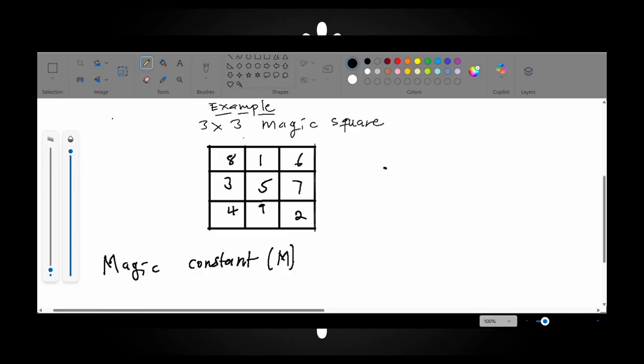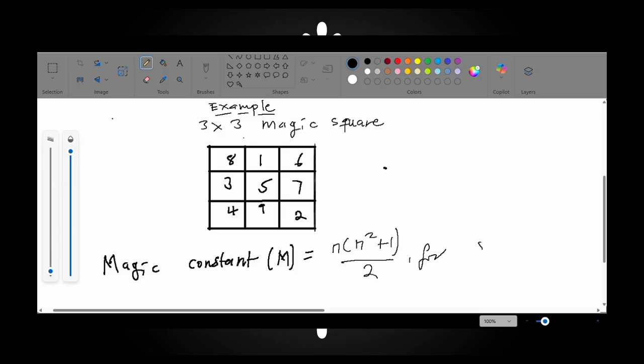Sometimes it is represented with a big M, and the formula for the magic constant is n times (n squared plus 1), everything over what? 2.